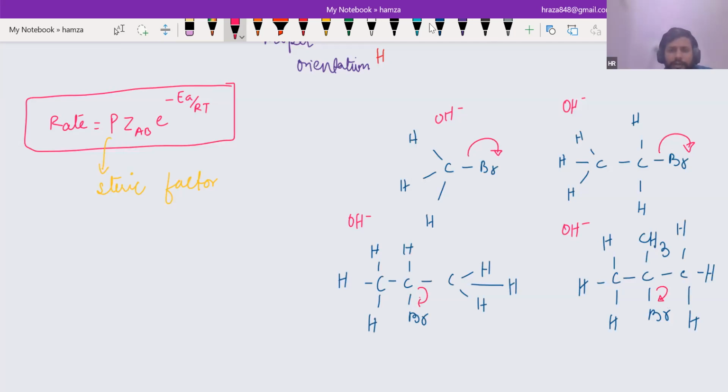In which of these can OH minus easily attack the carbocation? What do you think? Let's say this is A, this is B, this is C, and this is your D.